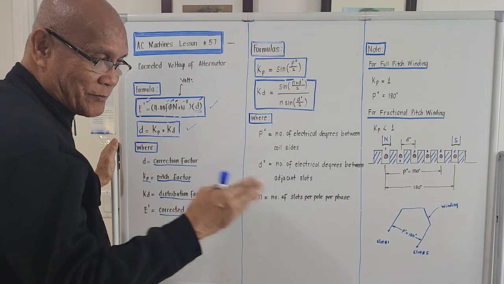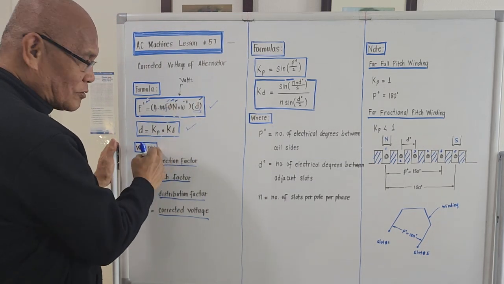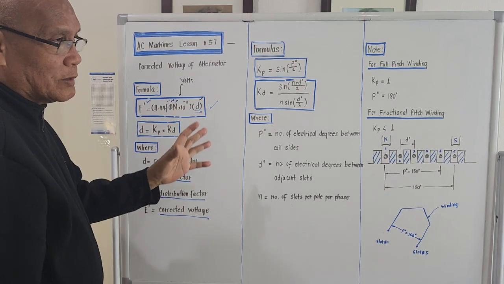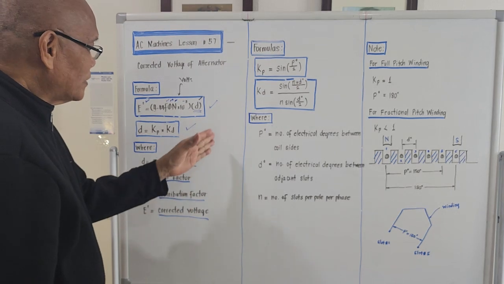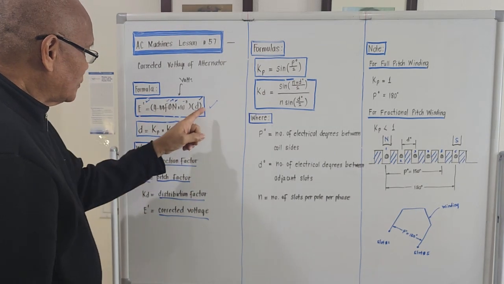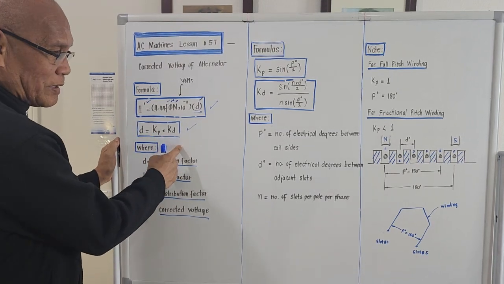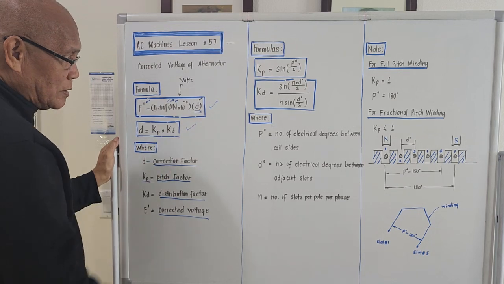Because those parameters are needed here in the computation of the generated voltage in the so-called distribution. Okay, let's try to bring out another two formulas which are needed in the value of letter D. Because I gave you K sub P and K sub D, but there should be a formula on how to compute K sub P and K sub D.